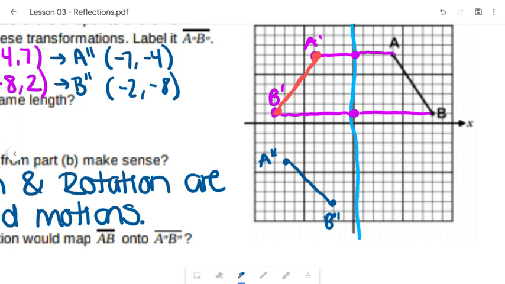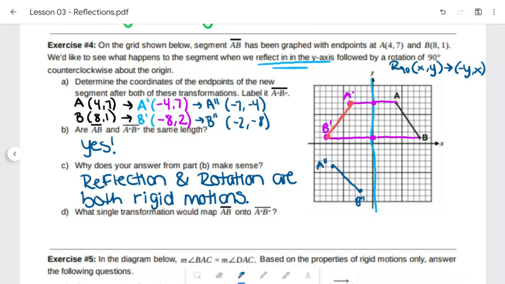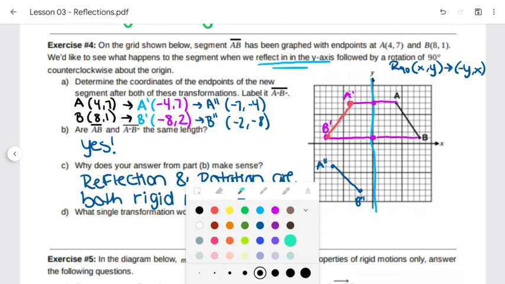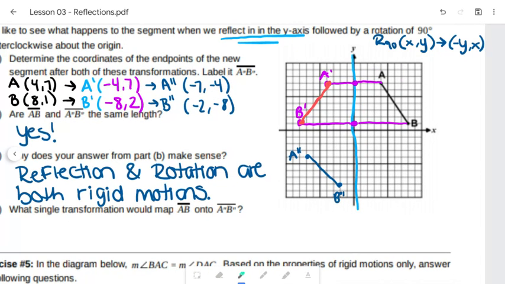That would be a silly mistake on my part, so make sure you have your double primes because we already had an A prime, B prime. Well, in this case, we saw this in the homework the other night in one direction, but we want it so that we can get A onto A double prime and B onto B double prime. I'm just going to get rid of that extra stuff for now.